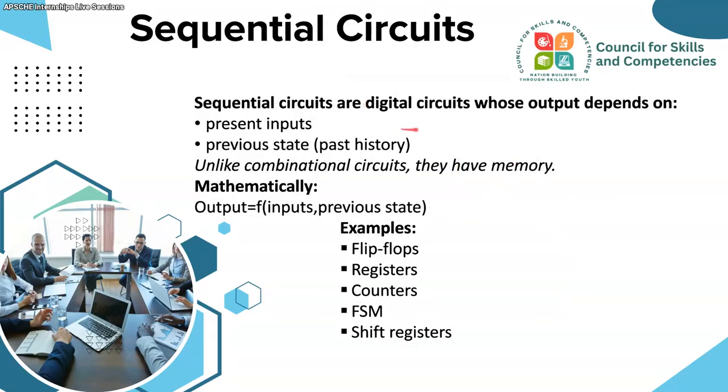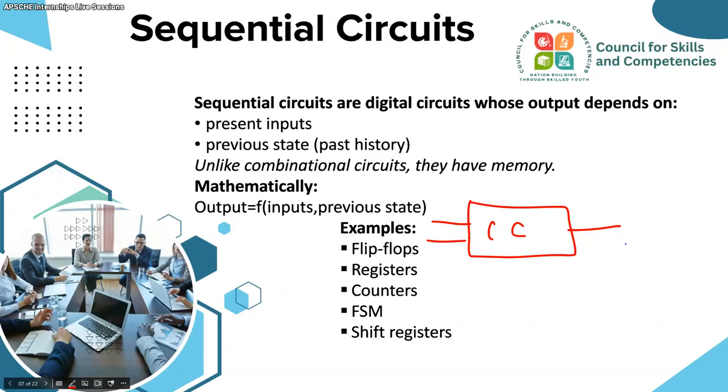So in the sequential circuit, this is the combinational circuit. The output depends only on the input. But in the sequential circuit, why can't I give one feedback mechanism, so that this is the output you are getting, this is the input.